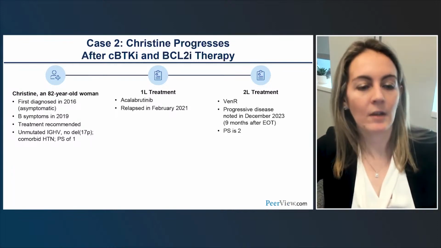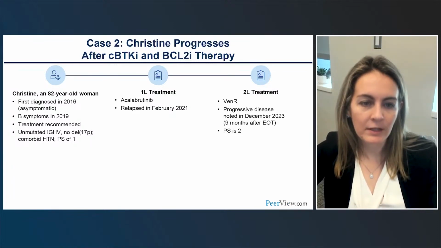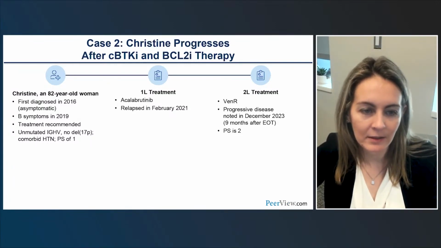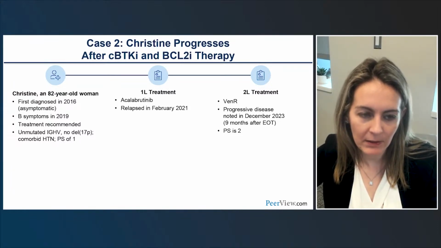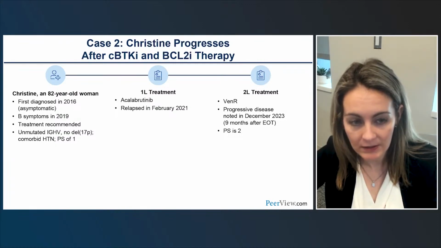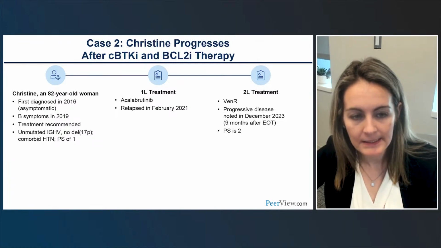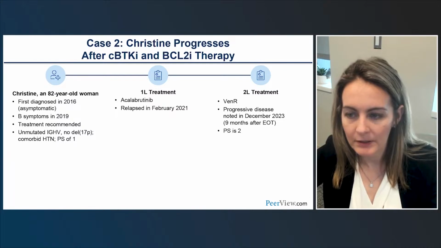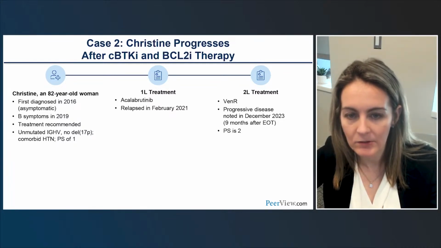Yeah, so this is an interesting case. A couple of things to highlight here. We have some key baseline information: unmutated IgHV, no deletion 17p, performance status of 1. So acalabrutinib was selected as frontline therapy, a very appropriate treatment choice, with data that we've seen to support this use.